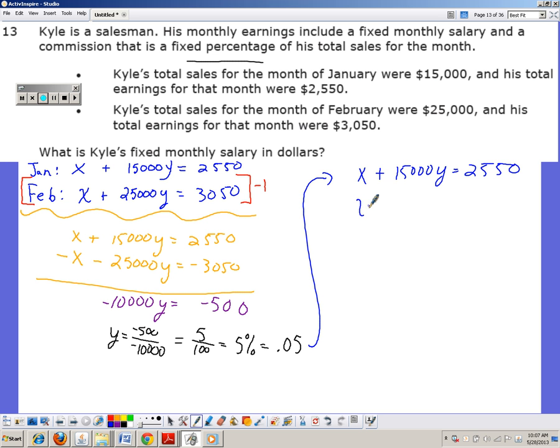So x plus 15,000 times 0.05 equals 2,550. When we multiply 15,000 times 0.05, you get 750.